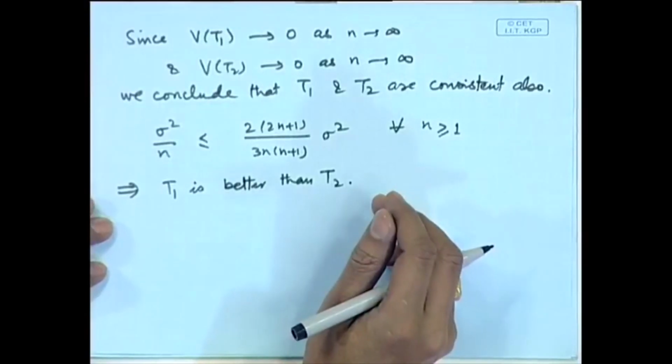Now, the question comes that among a set of given estimators we can find the better one by comparing the variances or the mean squared errors, but in the first place how to find the best among them? Because the total set of estimators is infinite, we need certain other methodology.